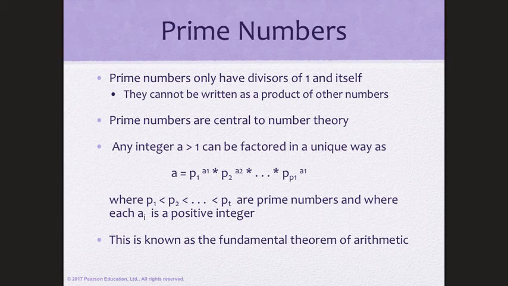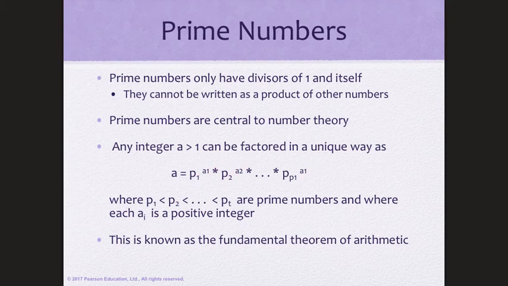And then there is an important theorem that we mentioned also last time, a key theorem in number theory, which says that any integer which is greater than 1 can be factored. And factored here means that it can be written as the product of prime numbers, each one of them raised to an integer power.